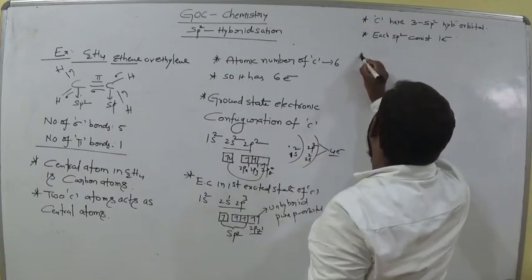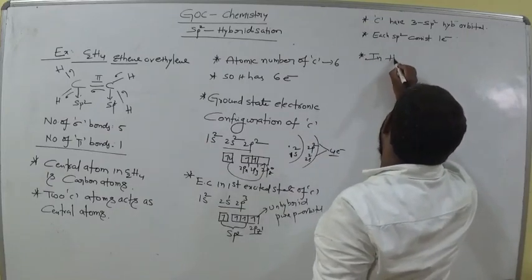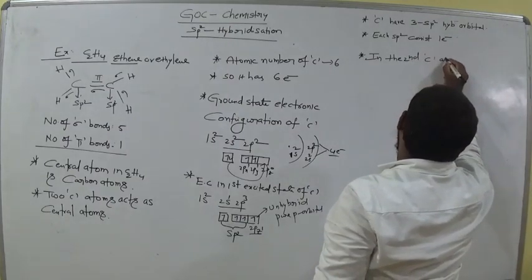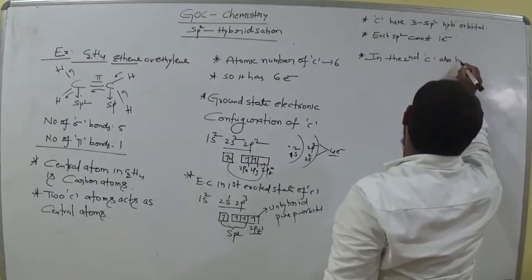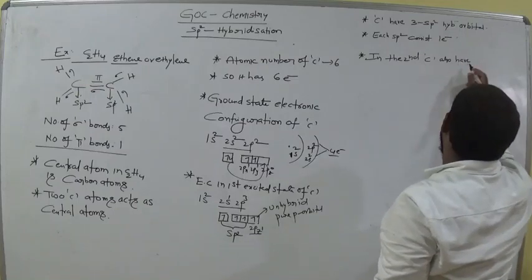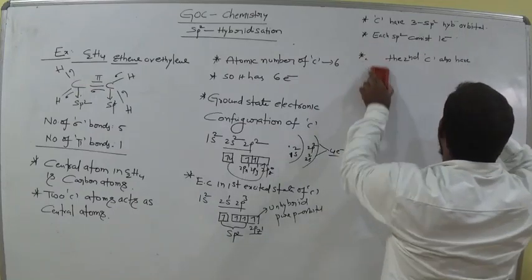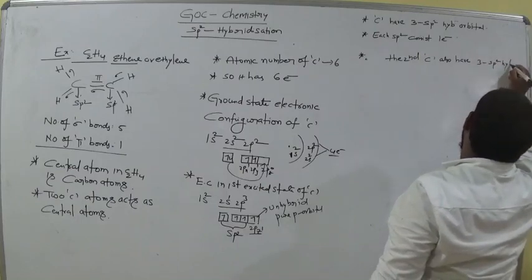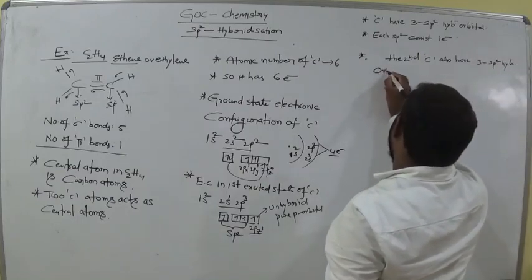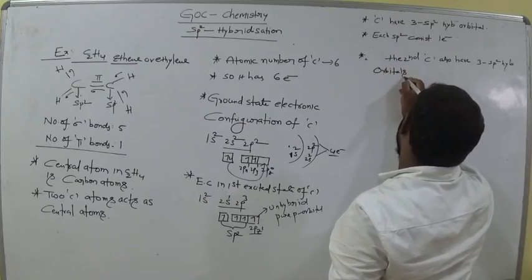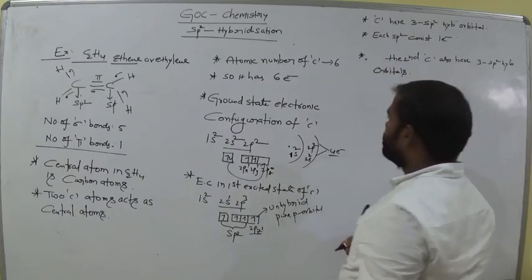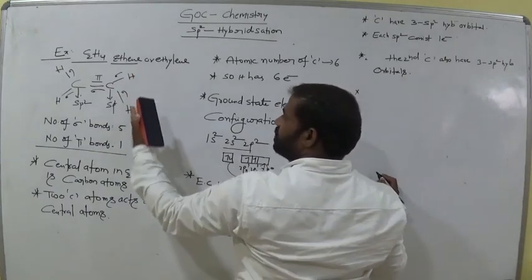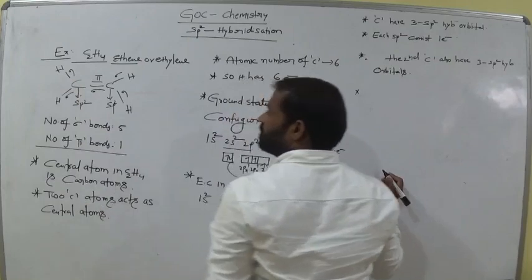In the second carbon also, the second carbon also has 3 sp2 hybrid orbitals. Okay. Why? Because it is also a central atom in the given molecule. Now this carbon interacts with 2 hydrogens, this carbon interacts with 2 hydrogens.